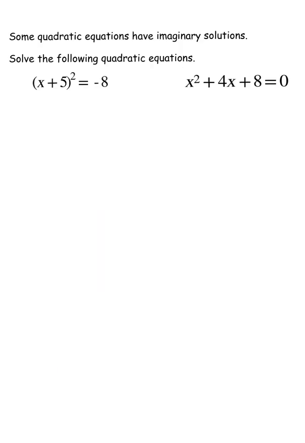All right, so for this first problem, ideally I'm going to take the square root, x plus 5 squared equals the square root of negative 8. Well, until we learned about i, this now is x plus 5 is equal to plus or minus the square root of negative 8. So now we're going to start playing the game.